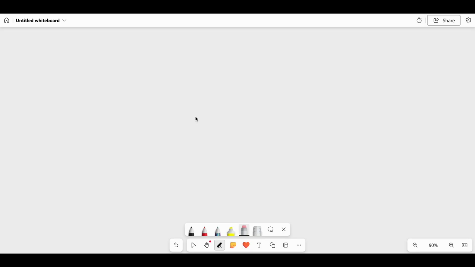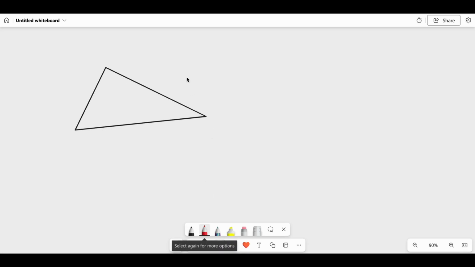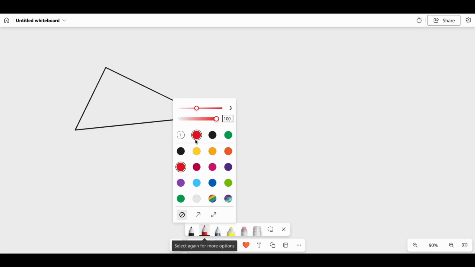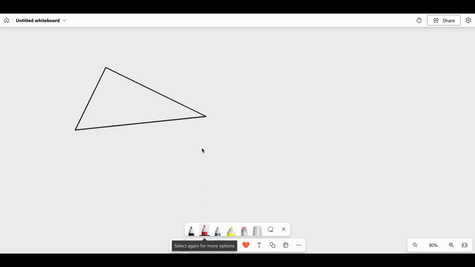Okay, so let's start with the first exercise. Let's draw a triangle. And let's say we're going to use the law of sines, and let's say we have this angle, and this angle is 40.